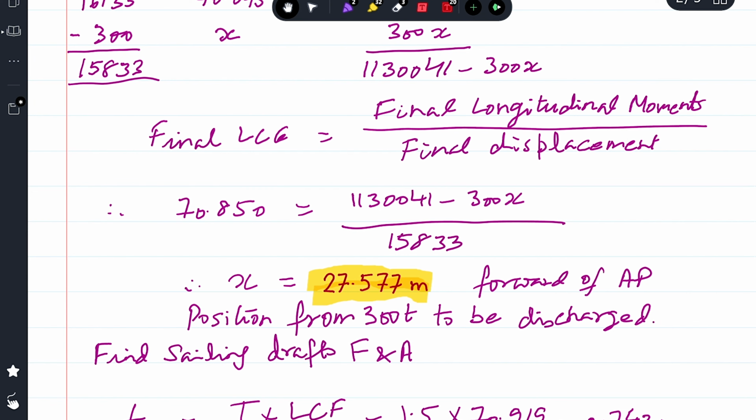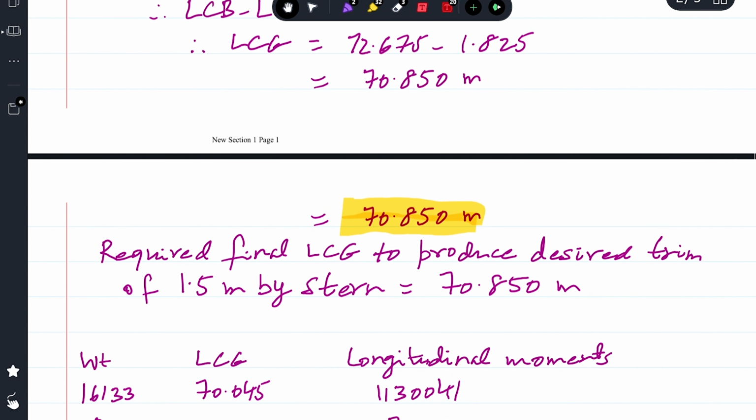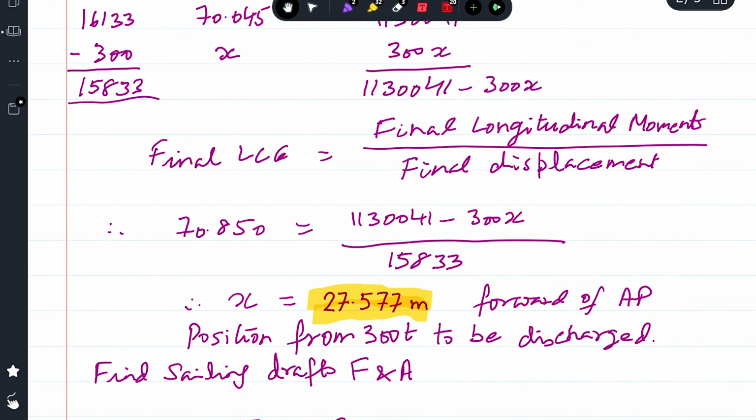Final LCG we have found here, 70.850, from the trim formula. I can insert that here: 70.850. Final longitudinal moments is from here, 1130041 minus 300x, upon final displacement, which is 15833.